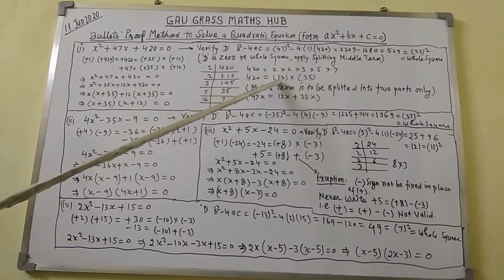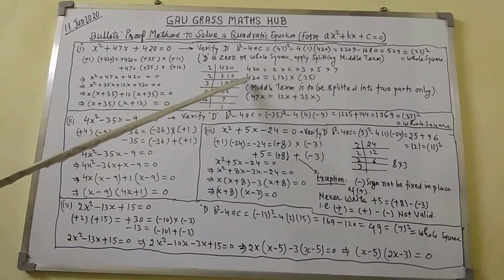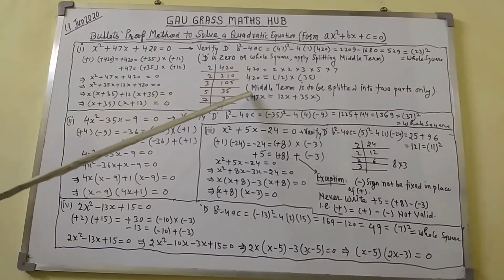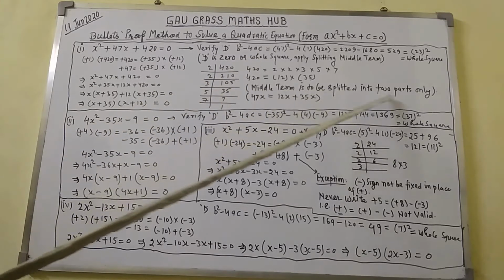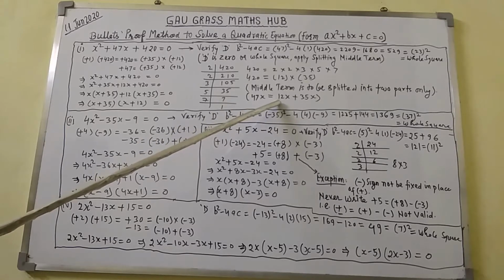Here I have taken 12 into 35, that comes out to be 420. Here the middle term is to be split into two parts only. Here 47x can be split only into 12x plus 35x.